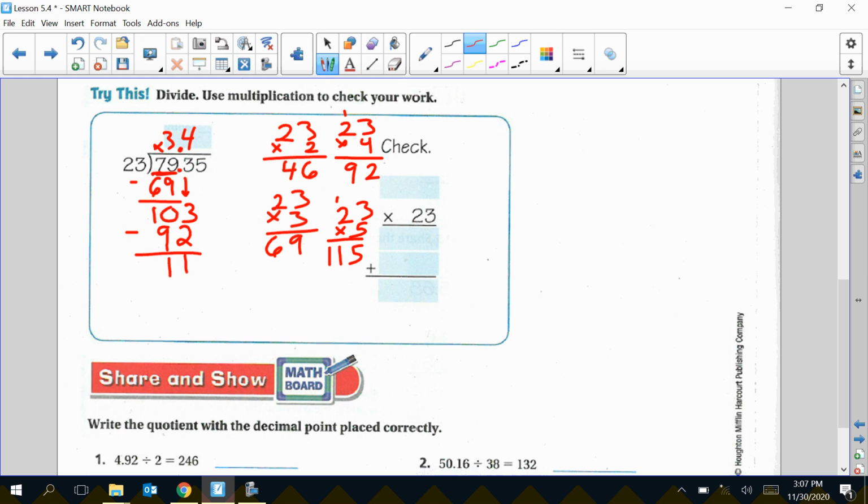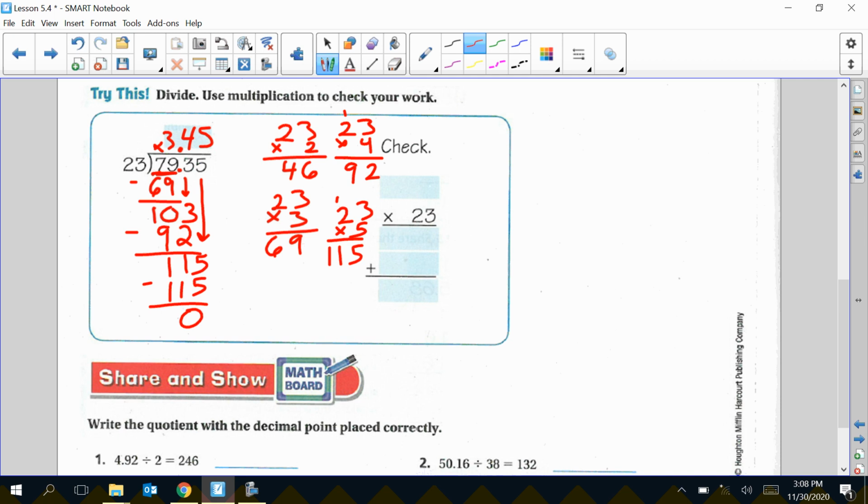We bring the next number down, and we see again, how many times will 23 go into 115? We've already multiplied that. That is 5 times, which is 115. Subtract, and you get a remainder of 0.